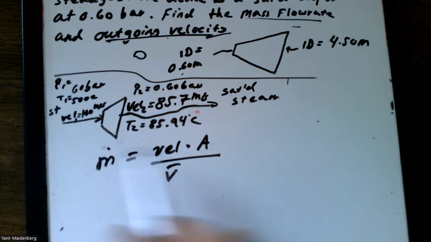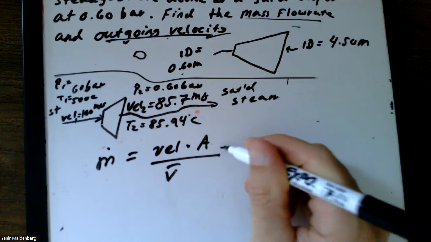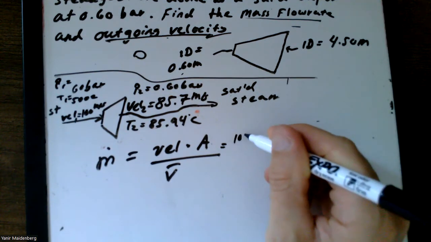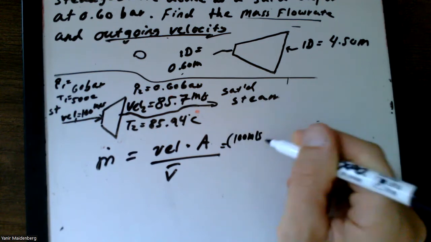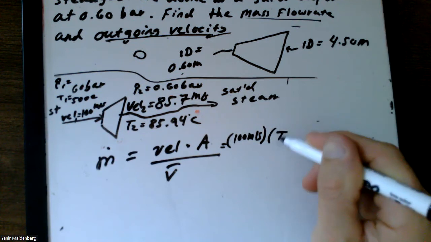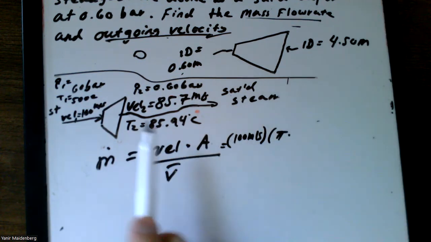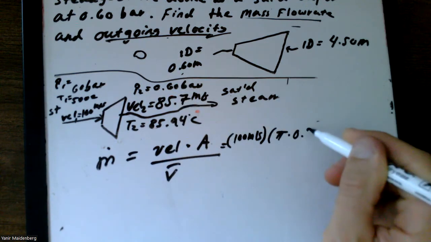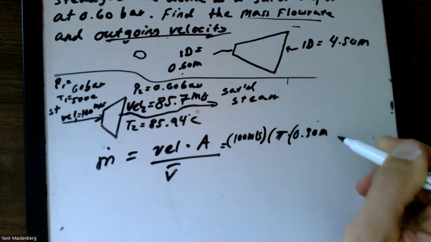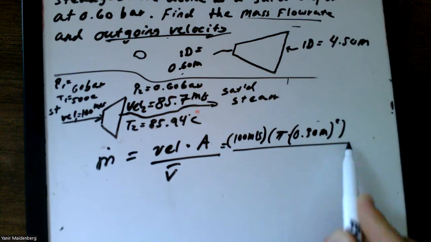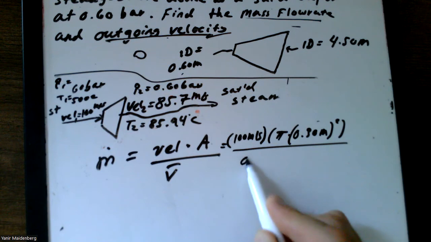So if we use state 1, then we know that we have 100 meters per second for the velocity. The area, again, is pi times r squared, and the diameter is 0.6. So the radius is 0.3. So pi r squared, and divide that by the specific volume.